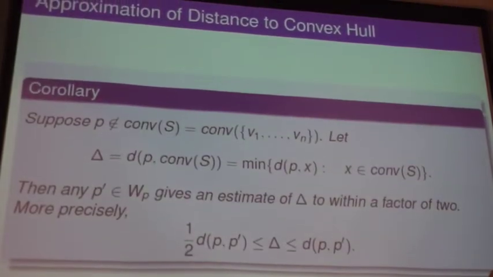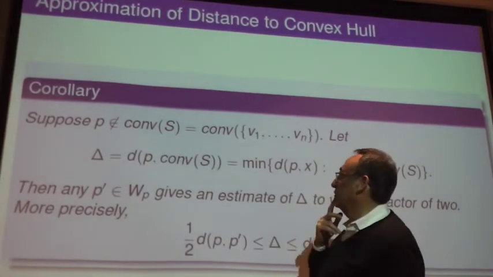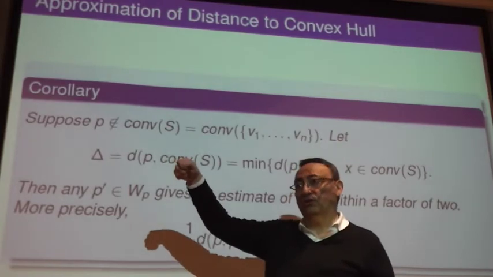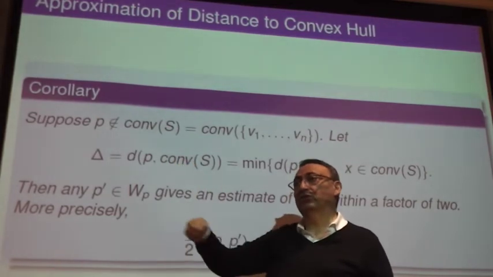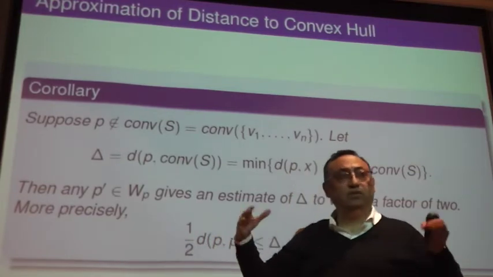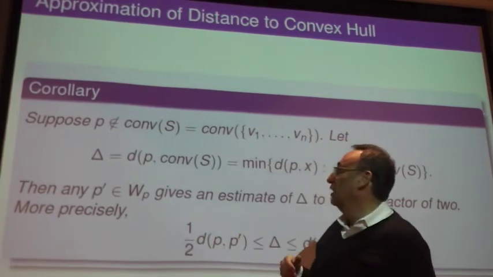A corollary of this is actually interesting from a computational point of view at least. Suppose that P is not in the convex hull. We may still be interested to find the distance between P and the convex hull. Actually, that happens to have applications in machine learning, I found out.